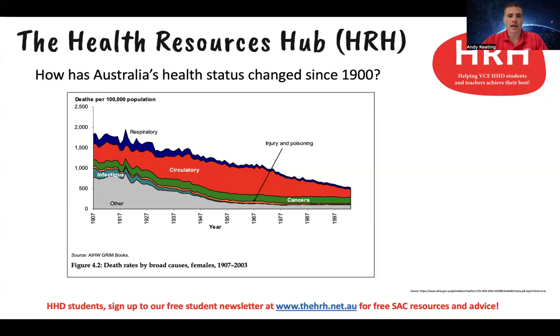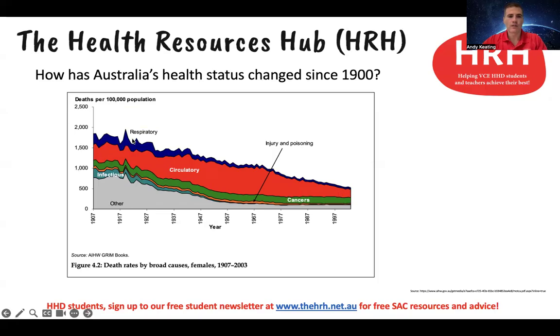And so as you move along over time, what you're looking for in relation to improvements is a decrease in the thickness, or less color, as you move along. You can see as you move over time from 1907 to 2003, after a bit of an increase in circulatory condition deaths, there has been a decrease, and those are often referred to as conditions associated with cardiovascular disease.